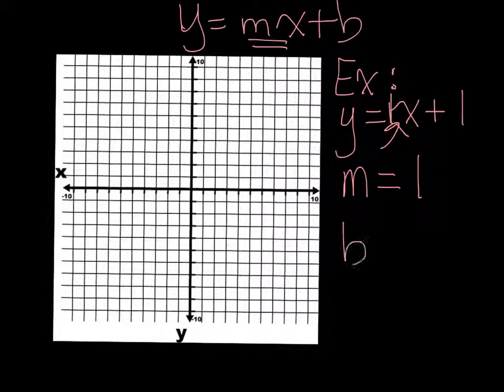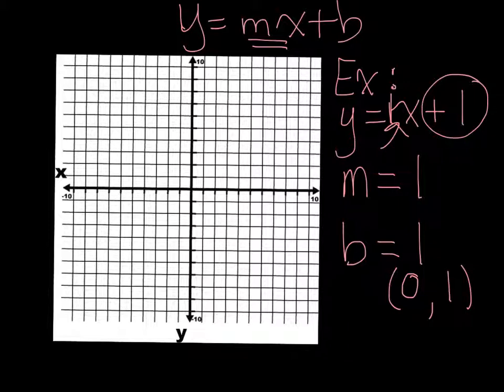The y-intercept, the b, is going to be positive 1. So you always begin with the b. That point is going to be on the y-axis, which means it's going to be 0, 1. So I'm going to start my graph at 1. So that's going to be my first point. And then my slope tells me where I'm going to go from there.